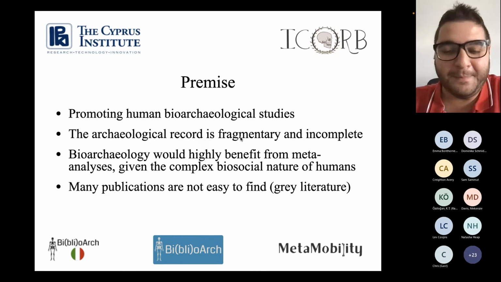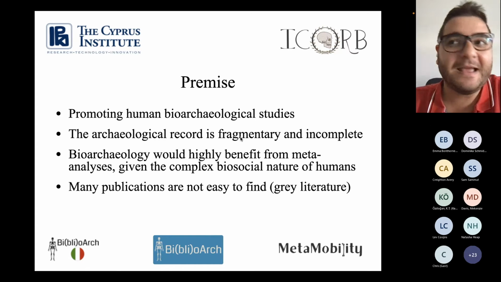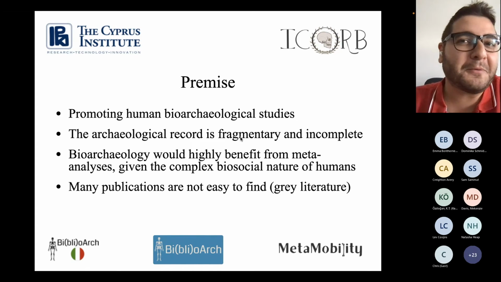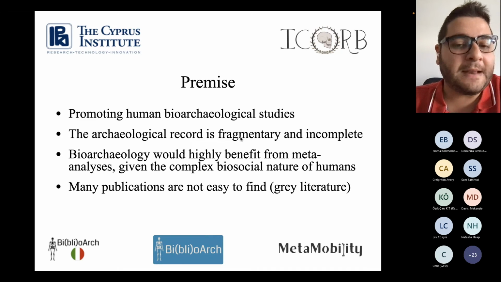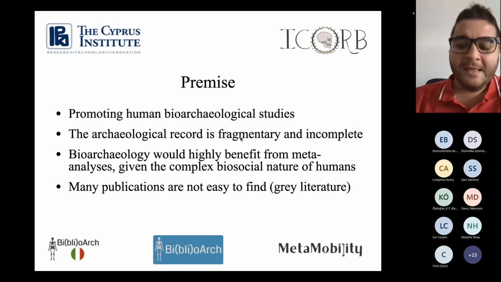Most of the publications are published in reports or appendices, monographs, or in local journals. And since we are speaking about the Mediterranean area where many languages are spoken, having them in a local language, of course, limits the access for international scholars.